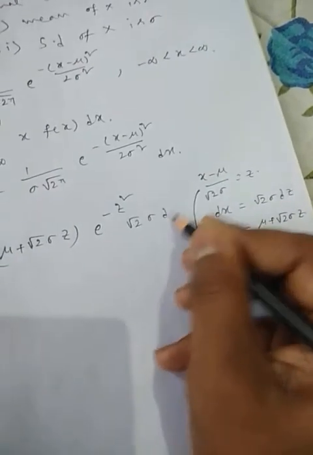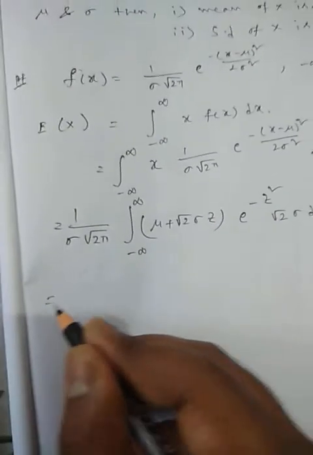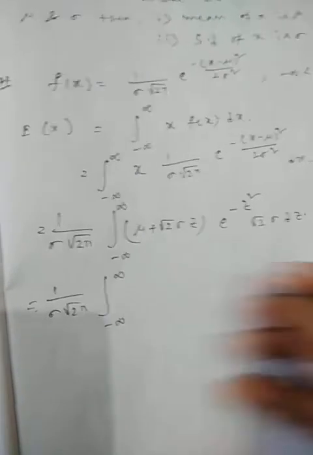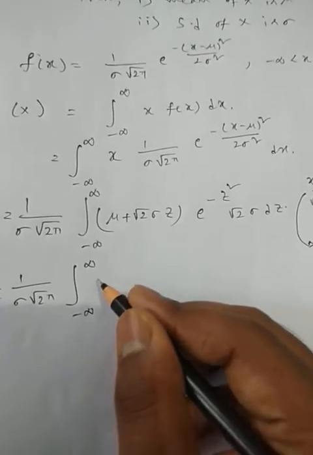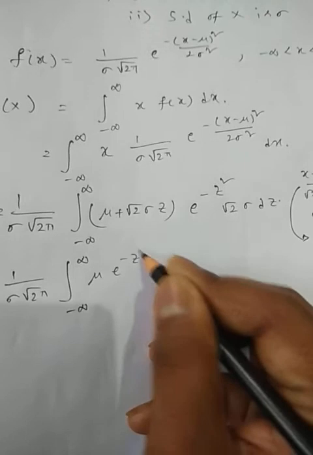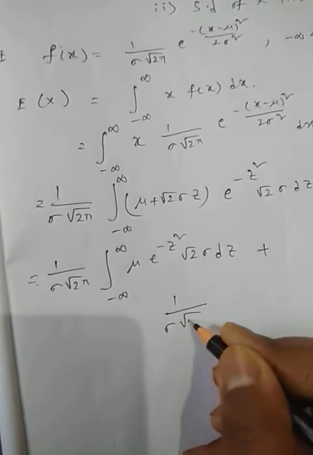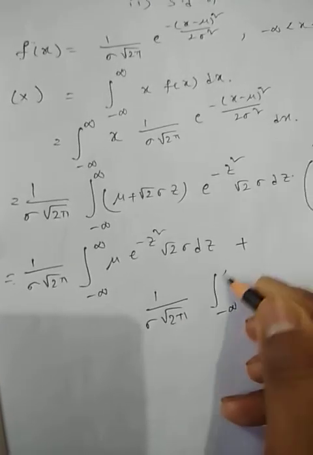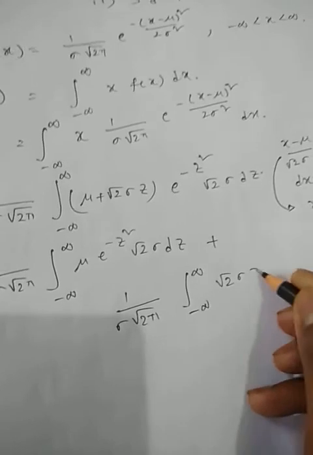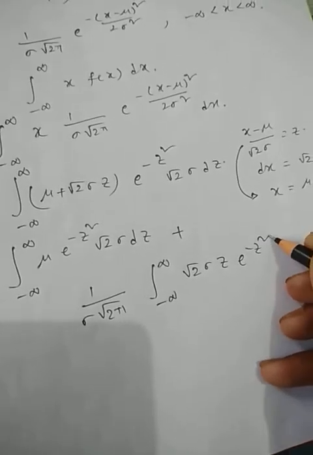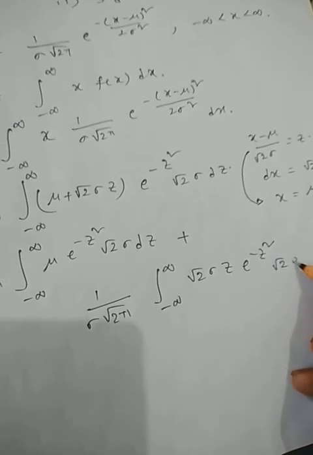Now we are multiplying this, using the linear property of integration, which we studied in class 12. That gives 1 by sigma root 2 pi, integration of mu e to the power minus z square root 2 sigma dz, plus 1 by sigma root 2 pi, integration minus infinity to infinity of root 2 sigma z e to the power minus z square root 2 sigma dz.